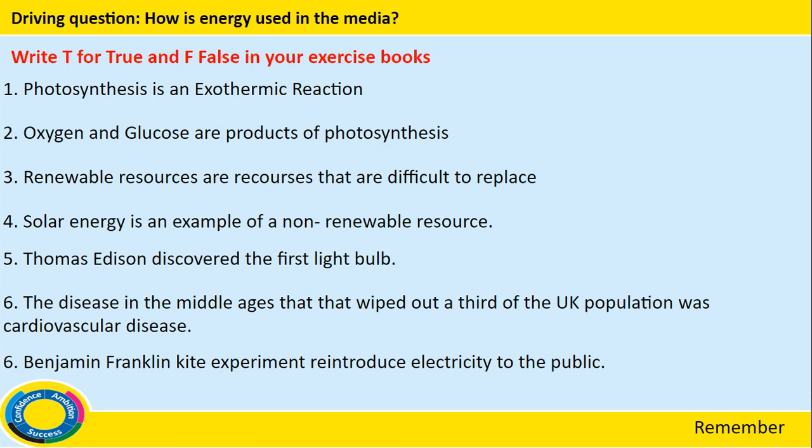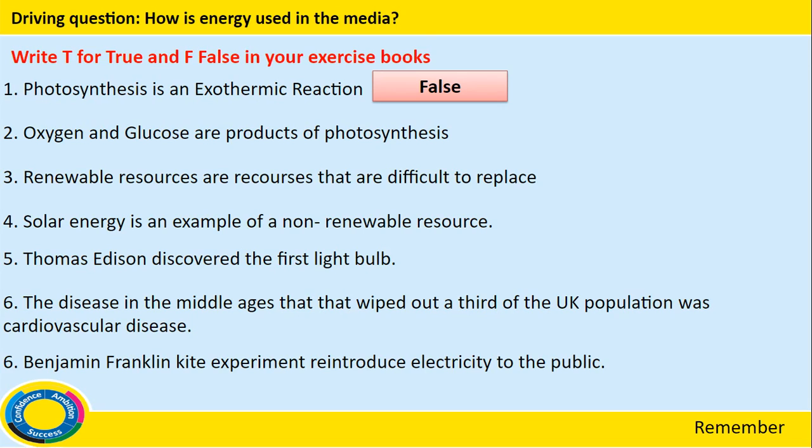Number one, photosynthesis is an exothermic reaction. That is false. Photosynthesis is an endothermic reaction because the process relies on sunlight from the sun in the form of solar energy, and energy is absorbed by the plants.